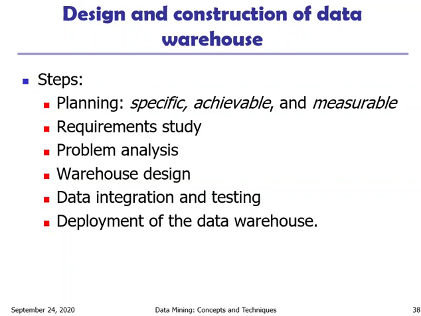Without very specific planning, a data warehouse project can linger for years and years. The requirement study that we mentioned earlier, problem analysis, and then come down to warehouse design, data integration and testing, and deployment of the data warehouse. That's the final step.